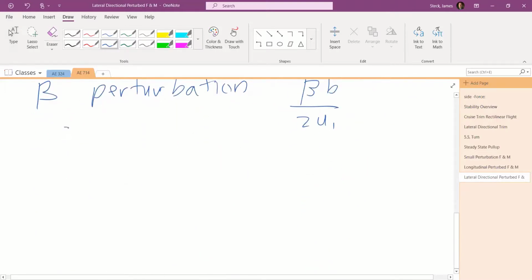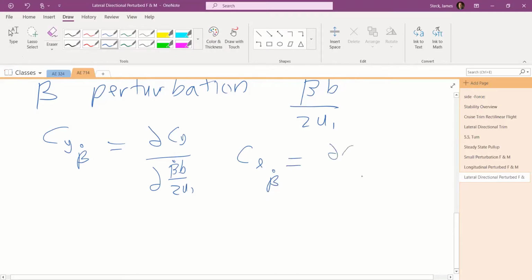So CY beta dot means, and CL subscript beta dot means, and the same thing for CN subscript beta dot.